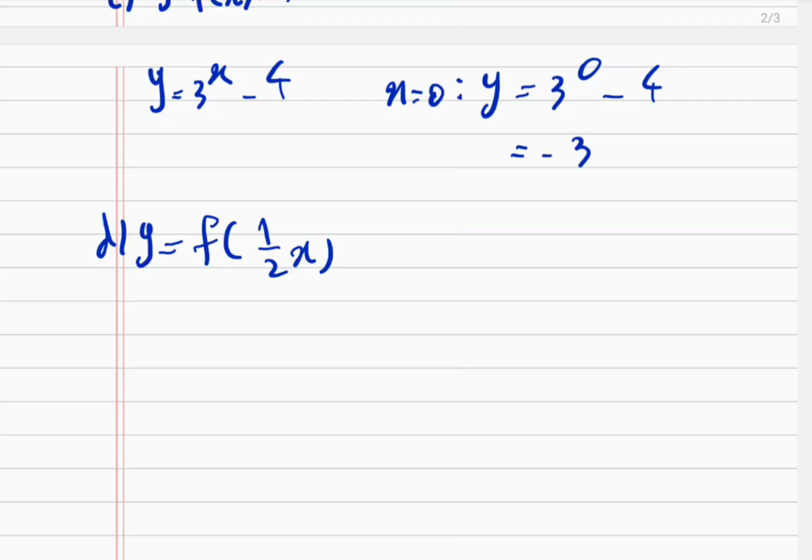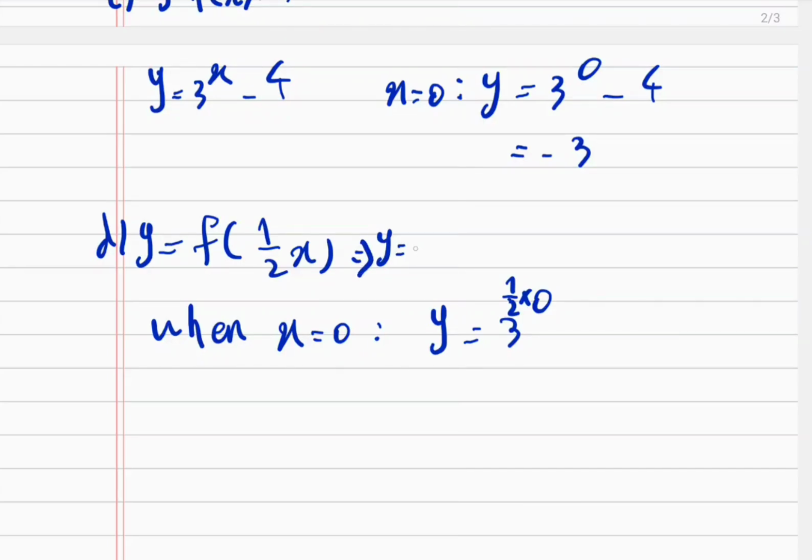In terms of the y-intercept, nothing really changes. When x is equal to 0, we have 3 to the power of 0, where in the power we'll have half x, because it's f(x/2), which is the same as y = 3^(x/2).